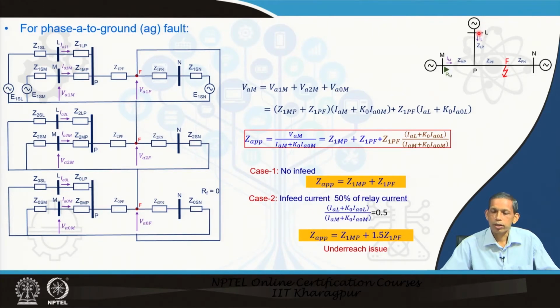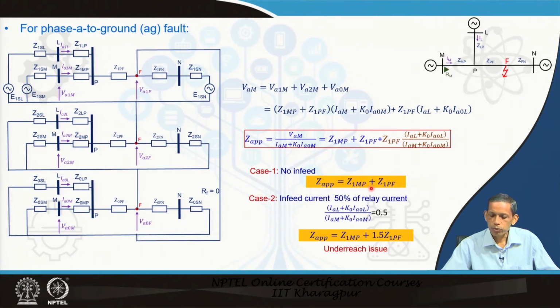Now, suppose another case with the L source present, and let us say its contribution is 50% of the corresponding relay current at that time. If we consider this ratio to be 50%, 0.5, and substitute this in our derivation here, then Z1PF plus 0.5 Z1PF gives us 1.5 Z1PF, as compared to when the source L is not available.